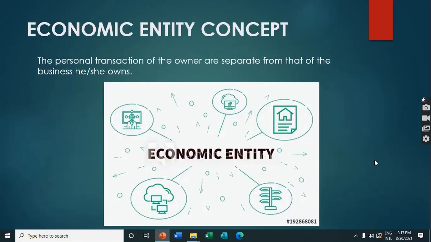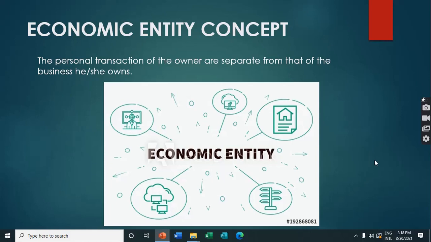Now, let's start with the economic entity concept. So, ano yung nangyayari dito sa economic entity concept? So, sabi dito, the personal transaction of the owner are separate from that of the business he or she owns.